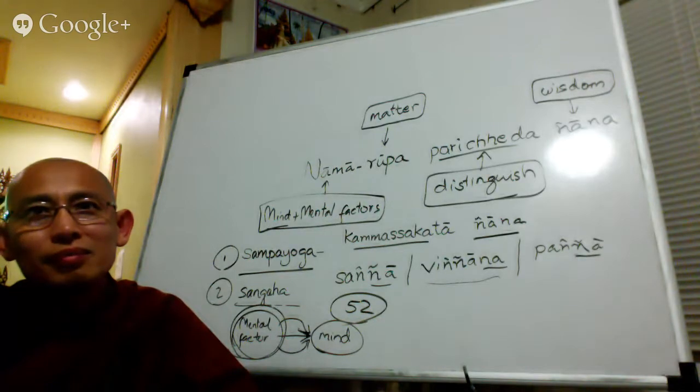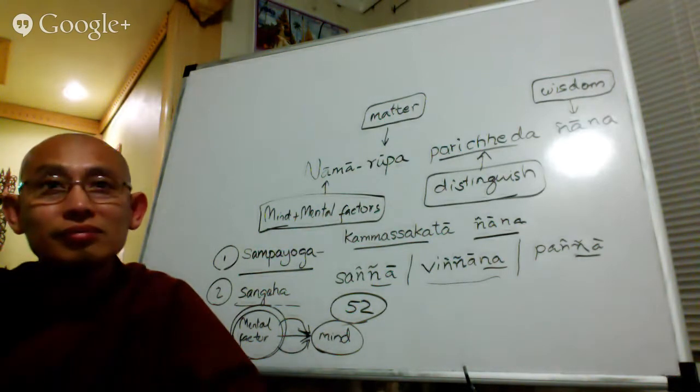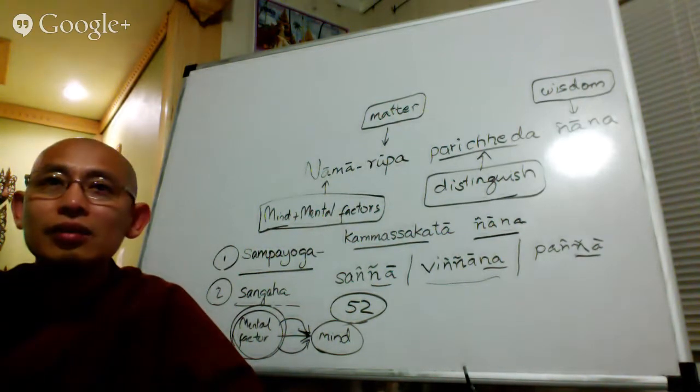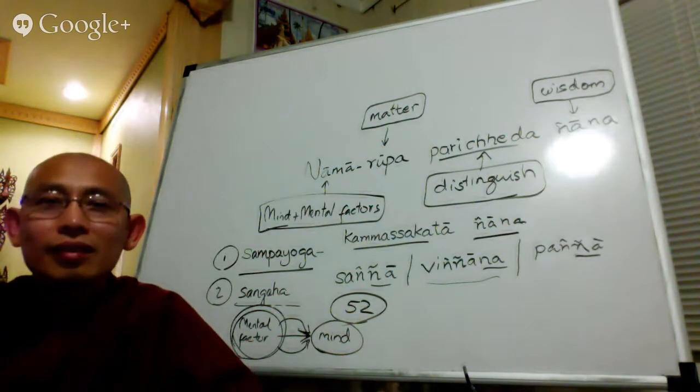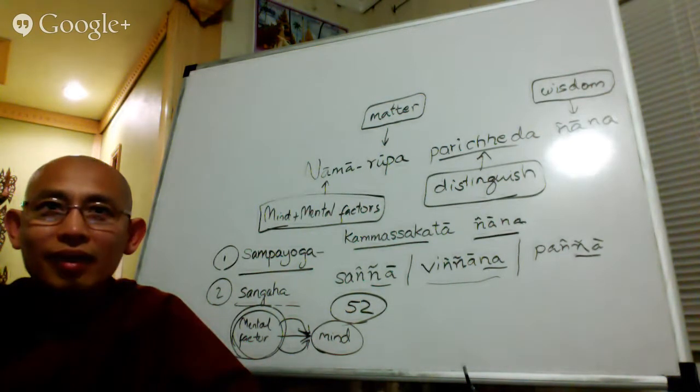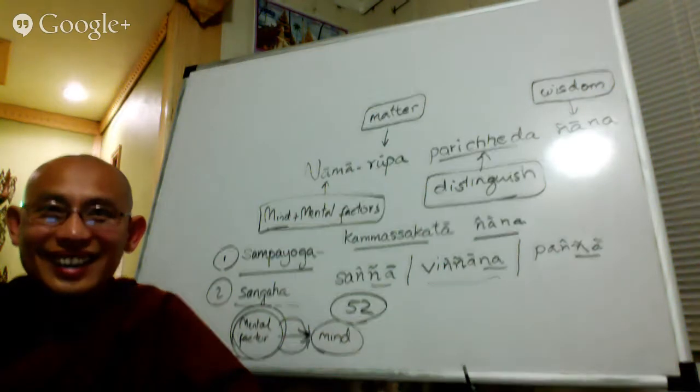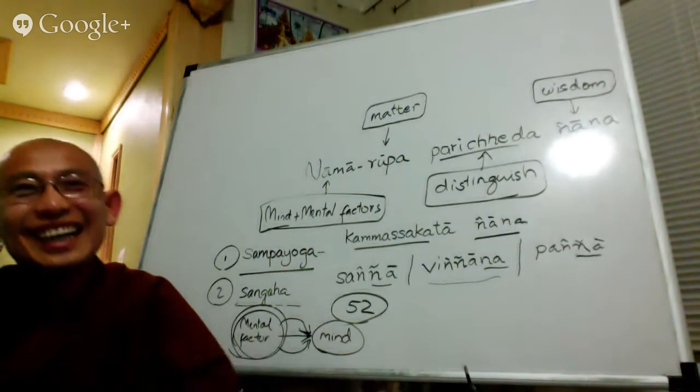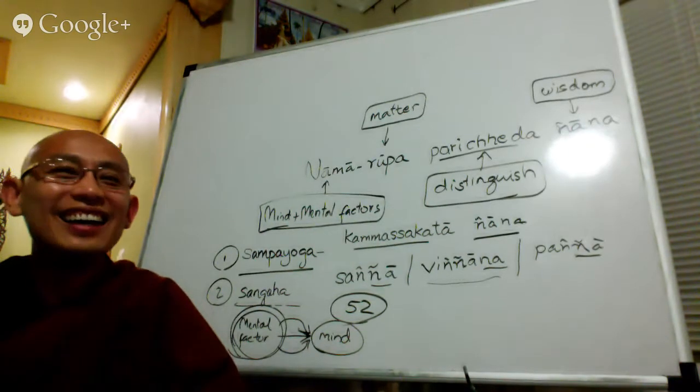I used to add up and count in Burma because I was an accountant. We didn't have a calculator at that time, so I would add up the numbers on the page.